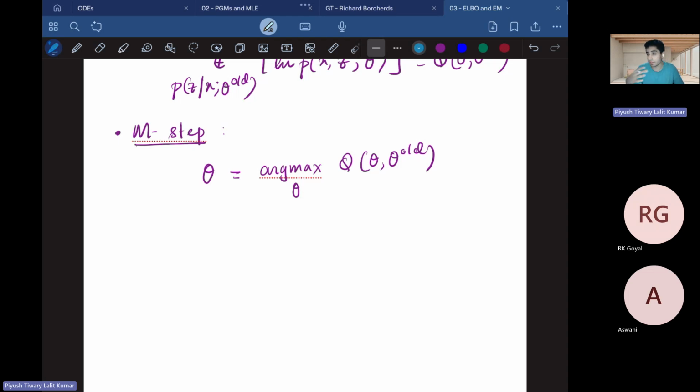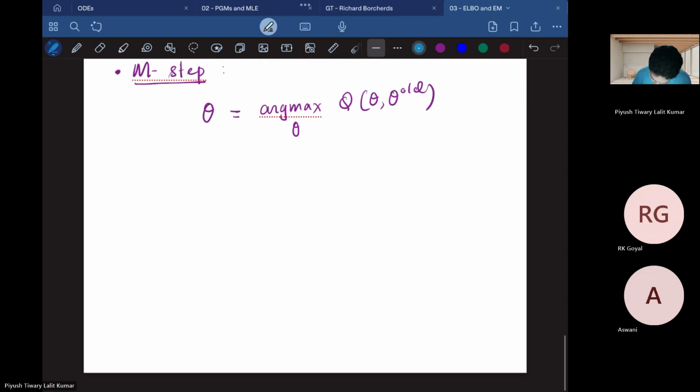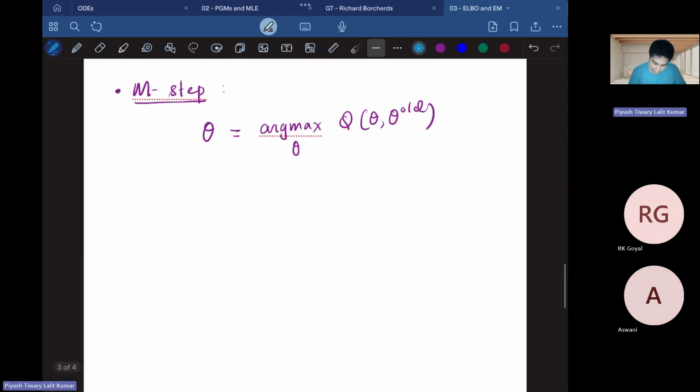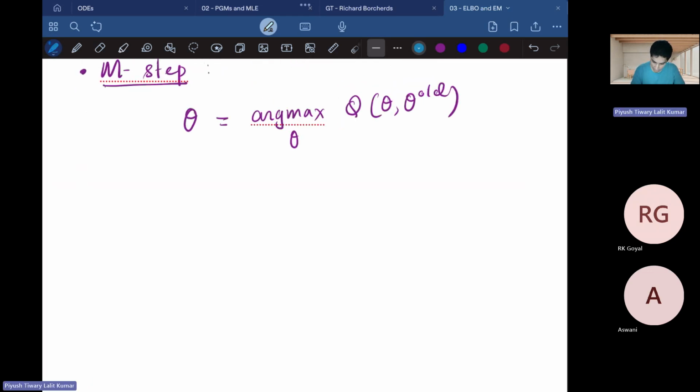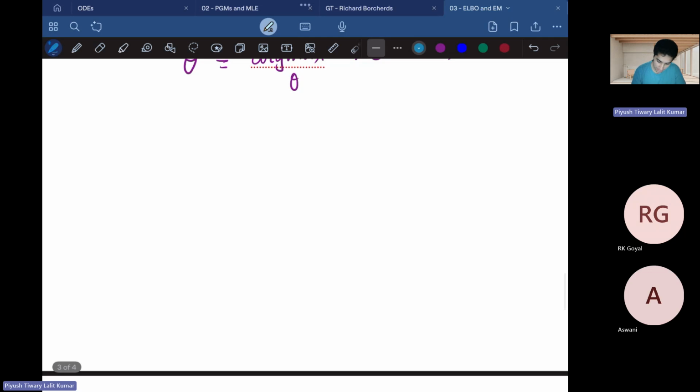So I will explain this whole thing in a way that becomes more intuitive in some sense. The alternate maximization perspective is more intuitive to me. I will write those things down.